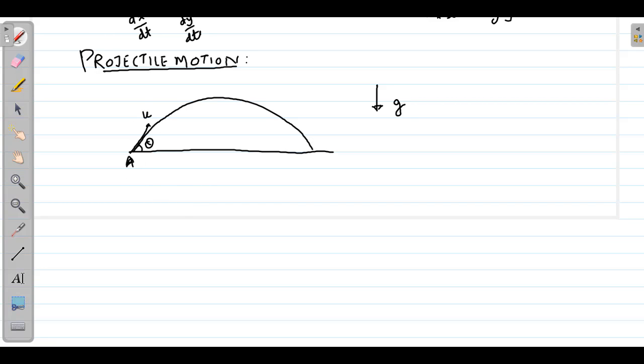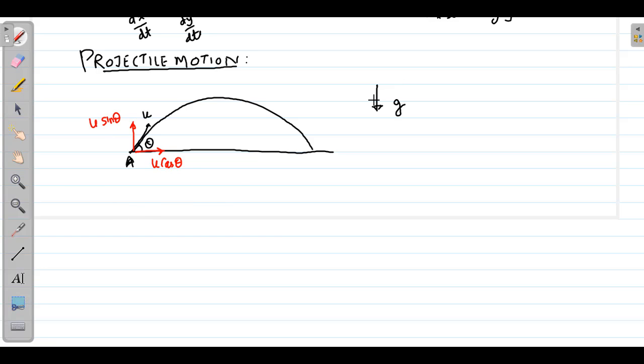We can resolve this velocity in two mutually perpendicular directions, one horizontal and another vertical component. The component along the horizontal is the cos component, u cos theta, and another component is u sin theta.